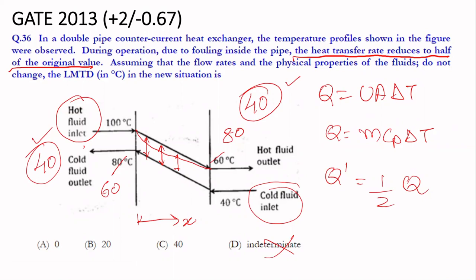See over here, see the graph, delta T is always the same across the length and it is 40. Whenever delta T1 and delta T2 are the same, you don't need to go for log mean temperature difference. That mean is the same as the temperature differences, or we can say it's the simple arithmetic mean of delta T1 and delta T2, which again turns out to be 40 only.